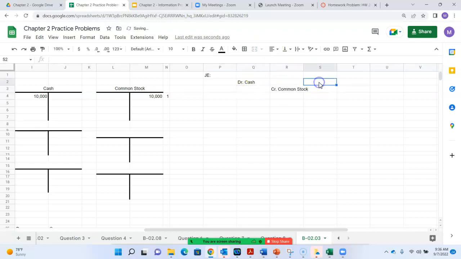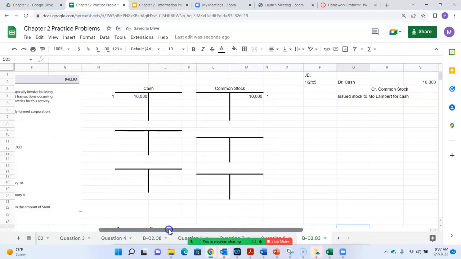Our cash amount is $10,000. Our common stock amount, same thing, $10,000. Our date, we'll call it 1/2, they don't give us a specific year. And then our description. Issued stock to Mo Lambert for cash. So that's our first journal entry using the T account.